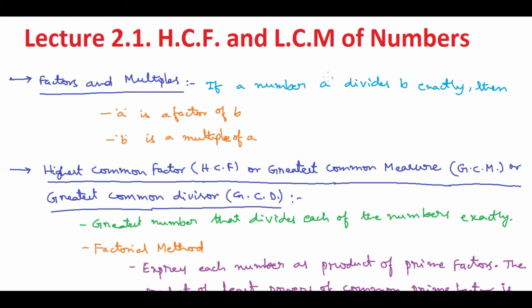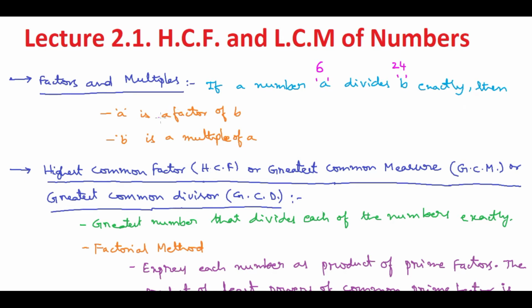If a number a divides another number b exactly, then a is a factor of b and b is a multiple of a. What does it mean exactly? For example, let me take the number 6, which divides 24 exactly.